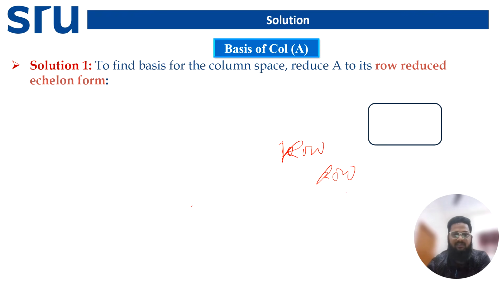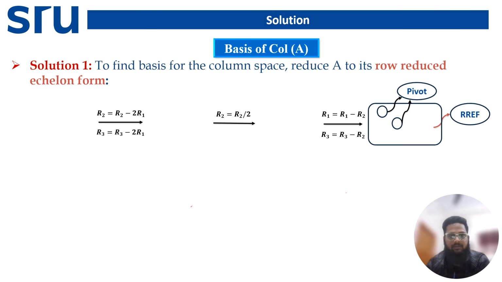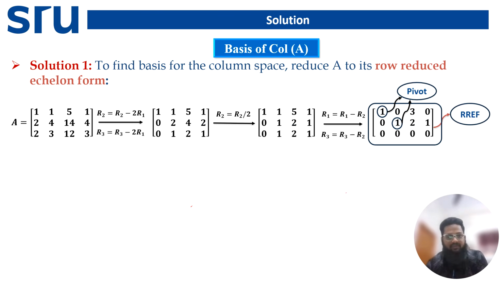So the first step is to write the matrix that is given. This is the matrix given to you. Now you use the operations to reduce this matrix to row reduced echelon form. As I discussed, this is the first pivot you are getting, so these 2 elements must be 0.